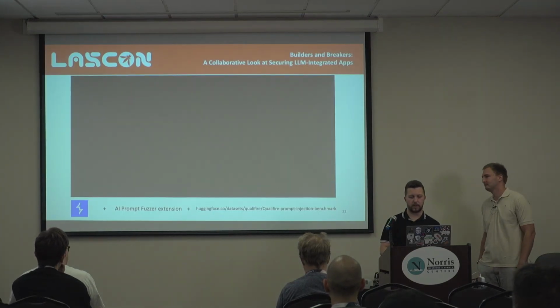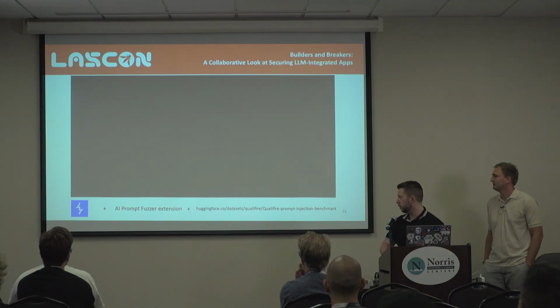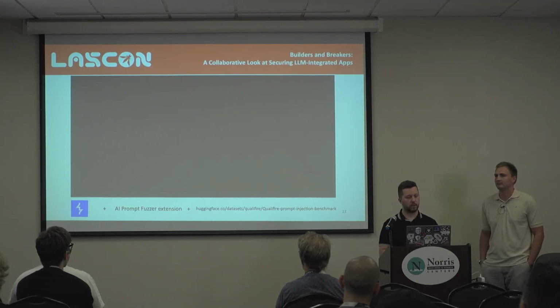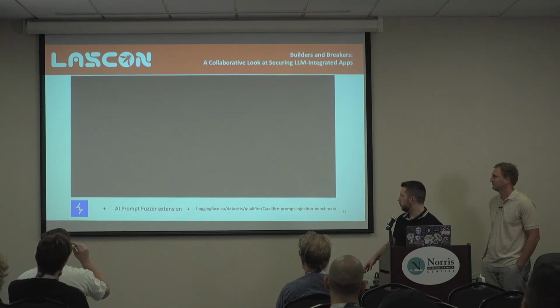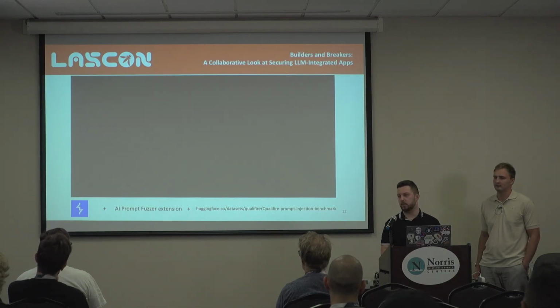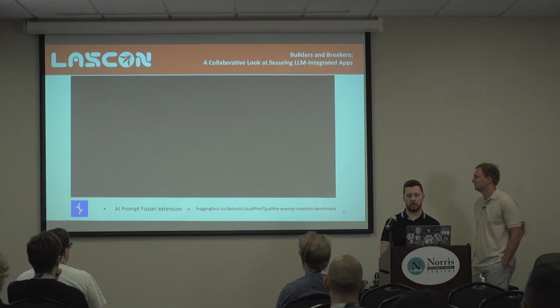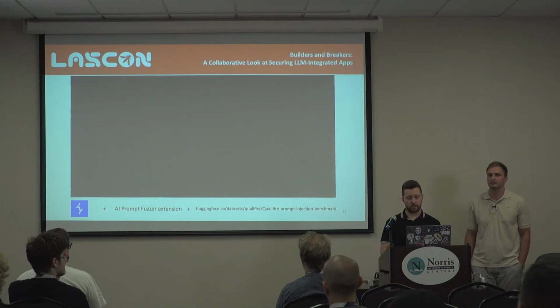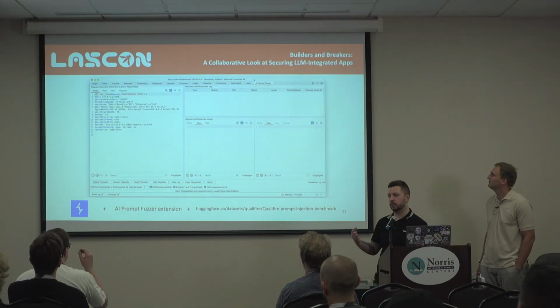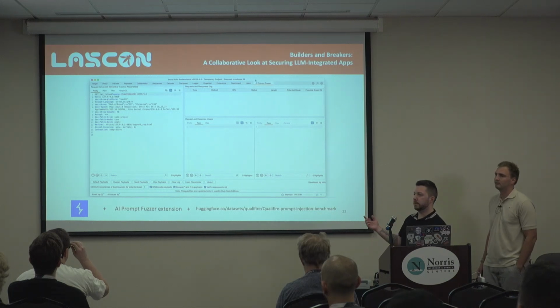So I have here a small video where I used Burp Pro with an extension called AI Prompt Fuzzer extension and some 5,000 prompt injections benchmark, which I fed into this Burp Pro extension and then let go on to my application.